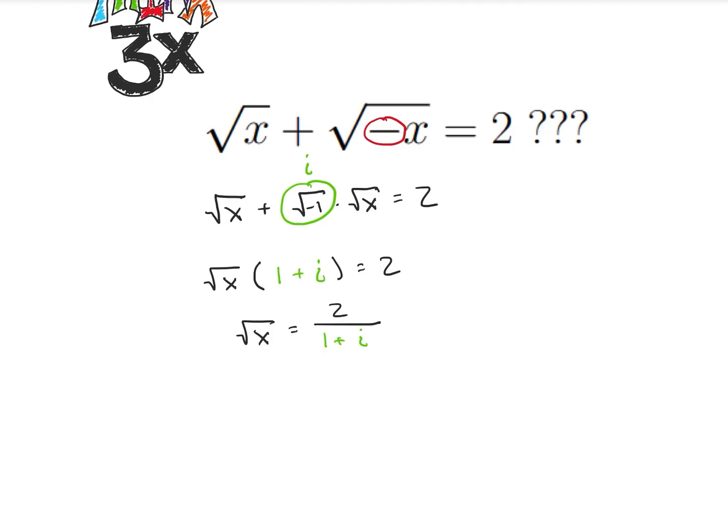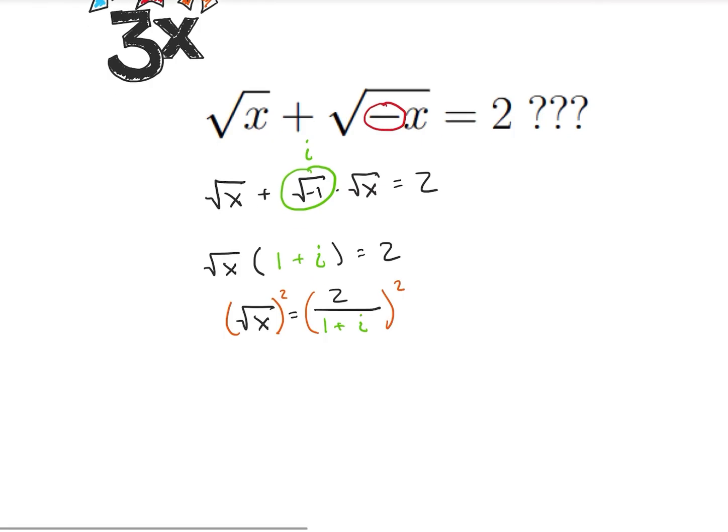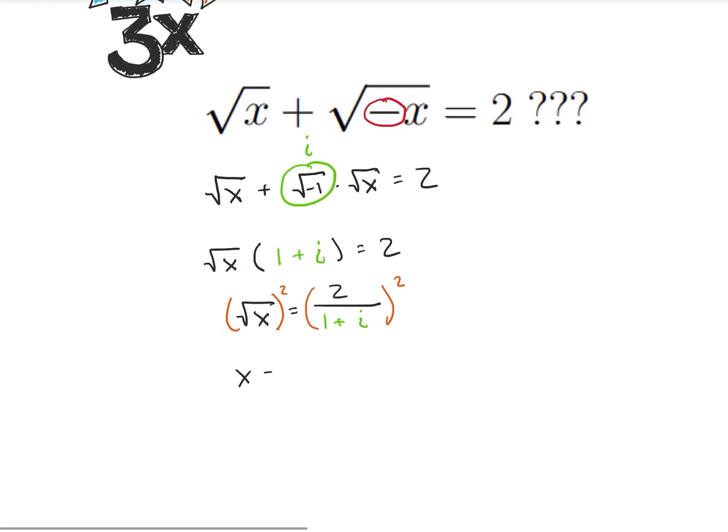I notice that I have root x on the left, so let's go ahead and square this, and we'll also square the right side. What I'm going to be left with is x is equal to, on the top, 2 squared, which is 4, and on the bottom, (1 plus i) times (1 plus i).